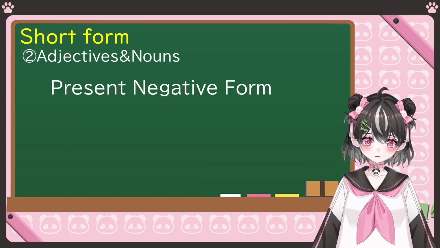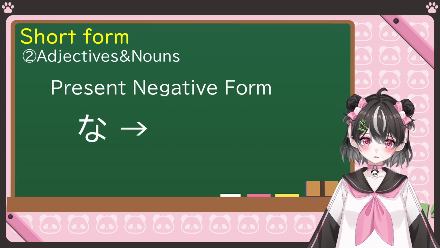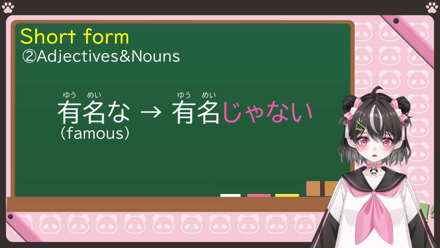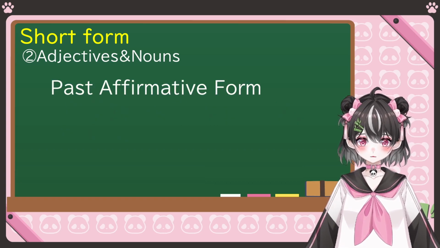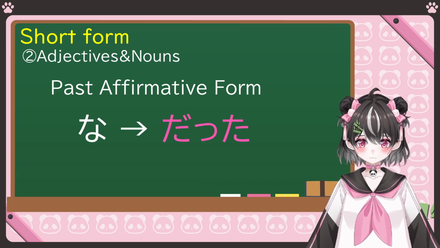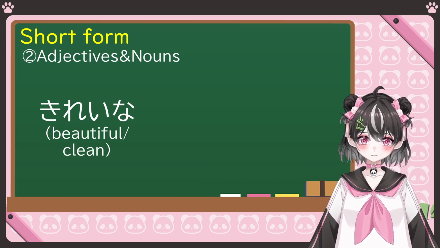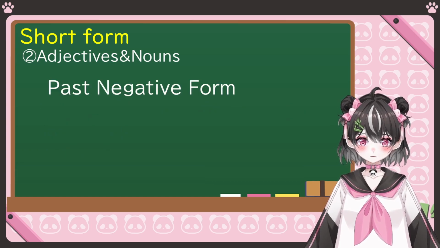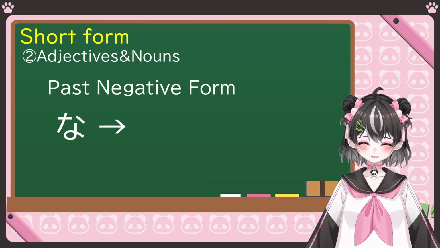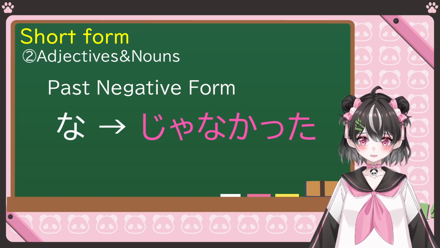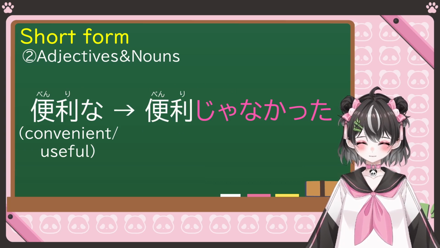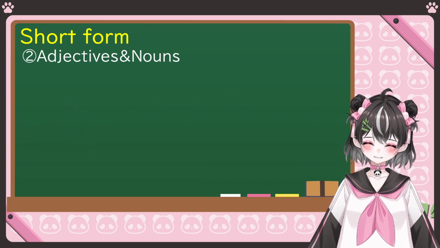For the present negative form, you change the final na to じゃない。有名な becomes 有名じゃない。For the past affirmative form, you change the final na to だった。きれいな becomes きれいだった。And for the past negative form, you change the final な to じゃなかった。便利な becomes 便利じゃなかった。That was a lot in one go. Doing okay?